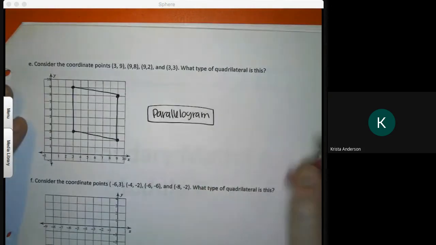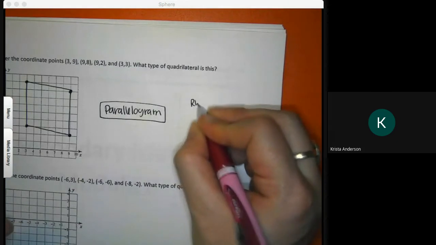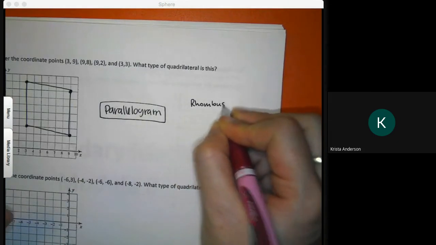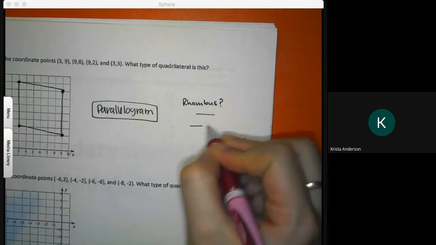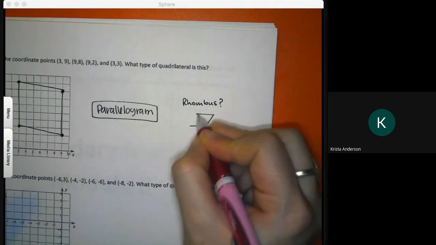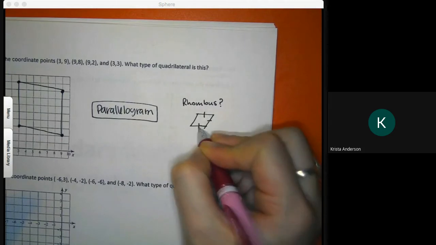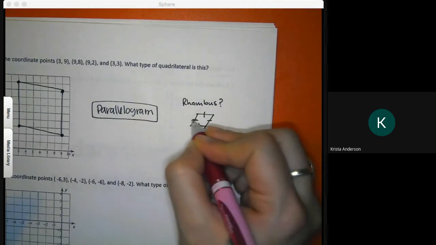Do you remember what a rhombus is? Isn't it just the same thing as a square, just tilted? Yep. It's a square tilted or a parallelogram that has all equal sides.